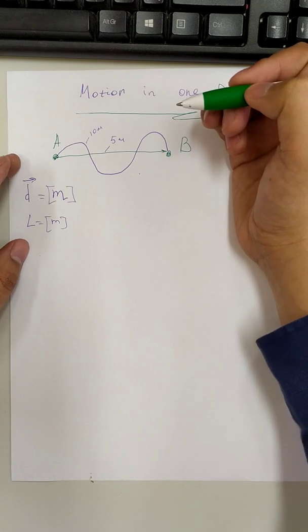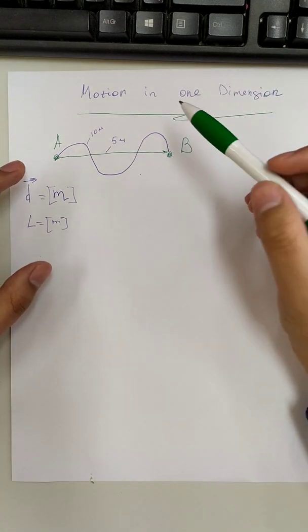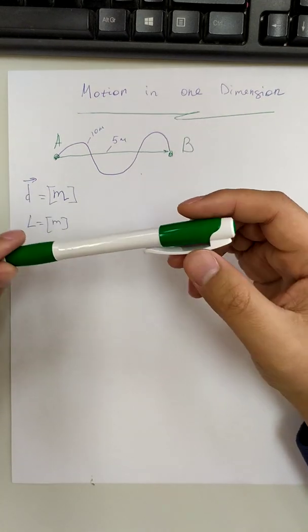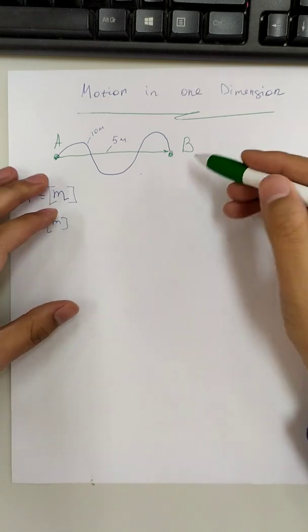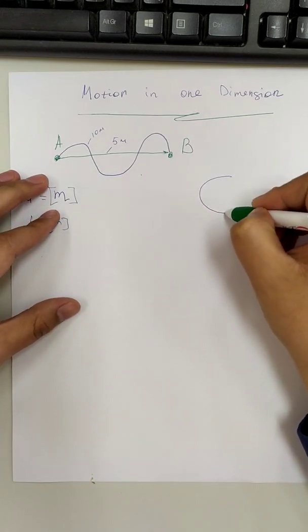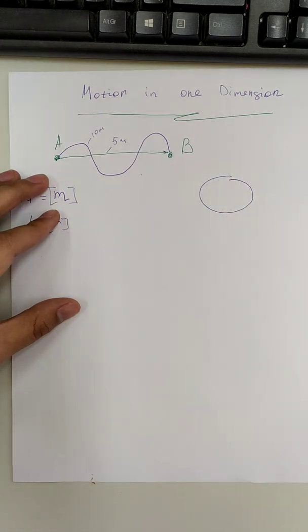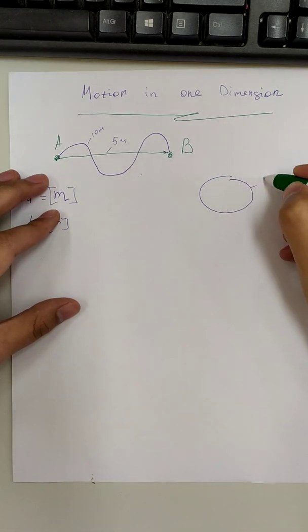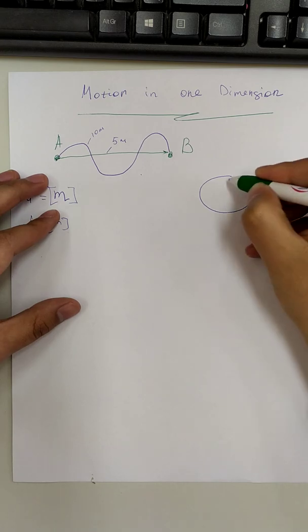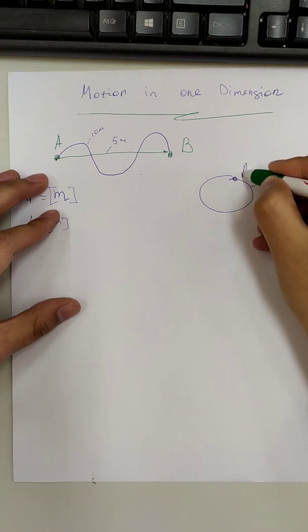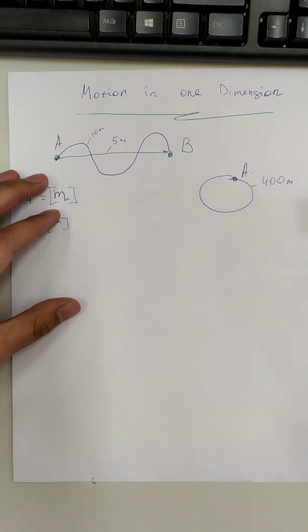Sometimes the difference leads to a surprising result. For example, if you run all the way around the running track, you will have traveled a distance of, for example, 40 meters.